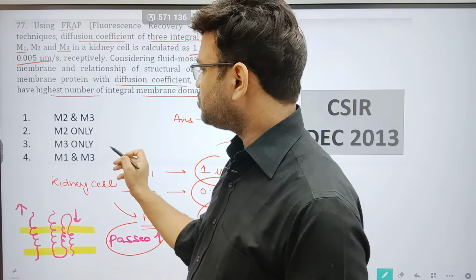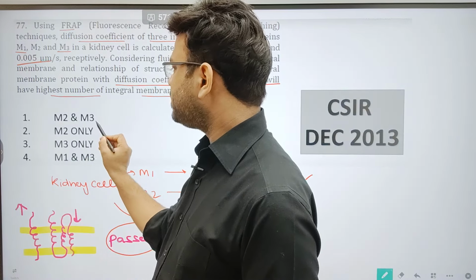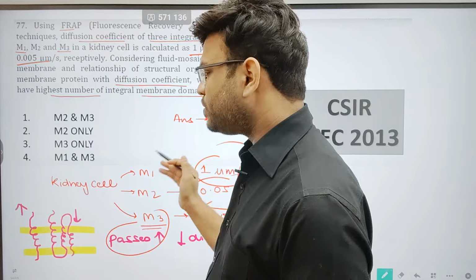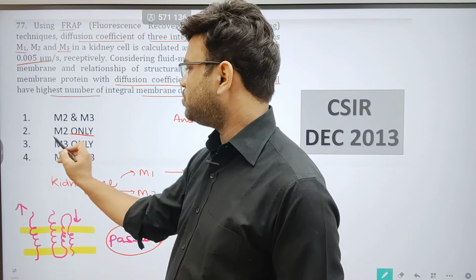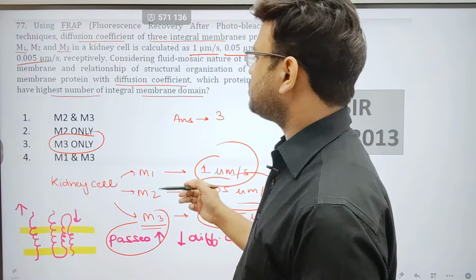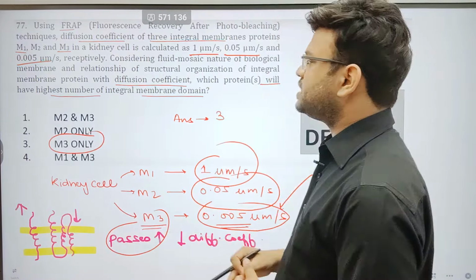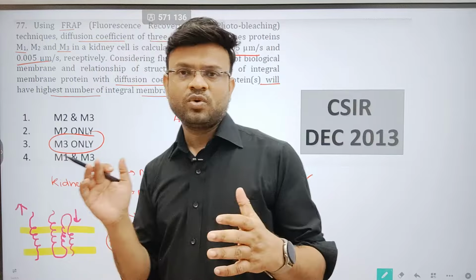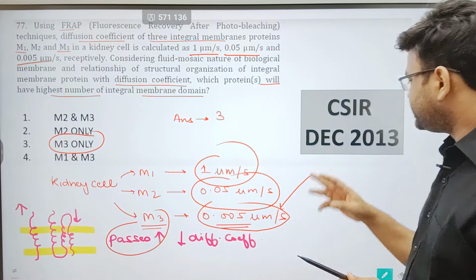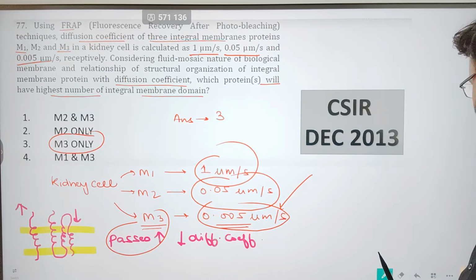So M3 has the lowest, and M3 only is the correct answer, it will have the highest number of integral membrane domains. With this we complete the CSIR December 2013 question.